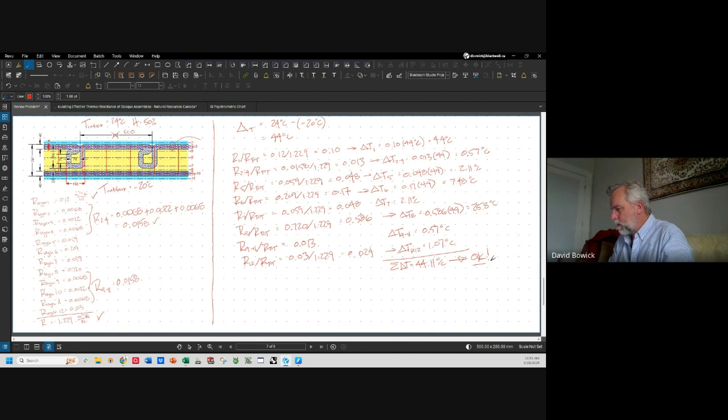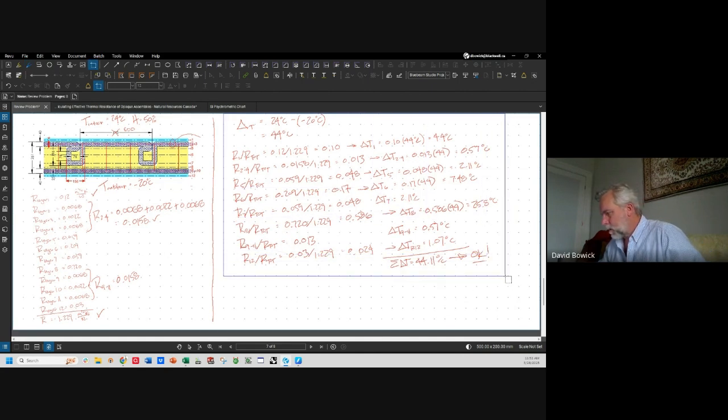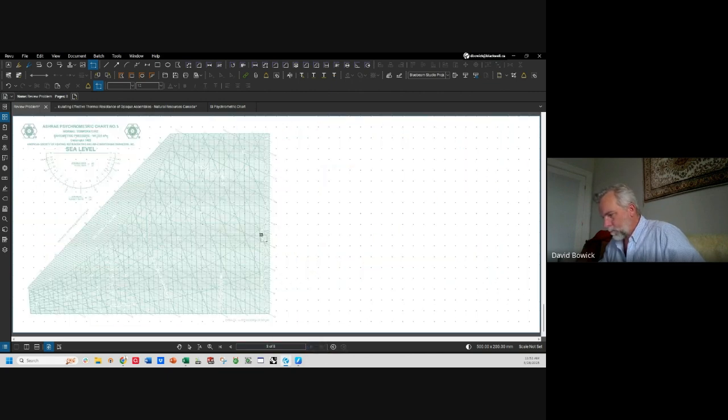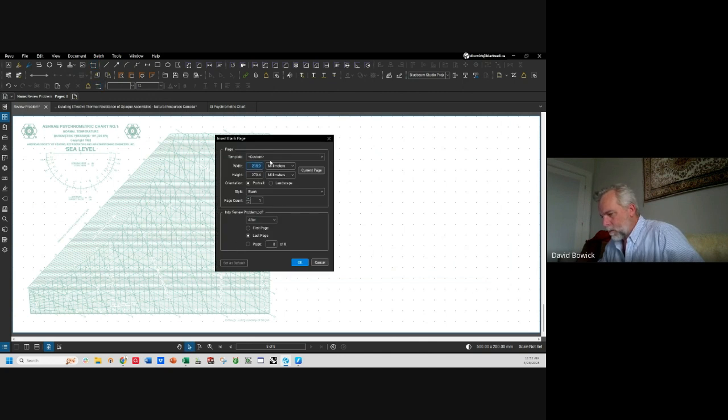So now we know our temperature change through each layer. I'm going to just copy this to the next page to have it to refer to. Got to add a few pages.